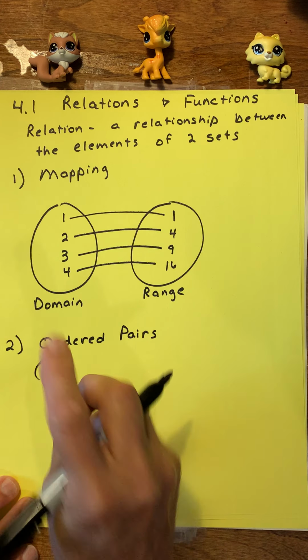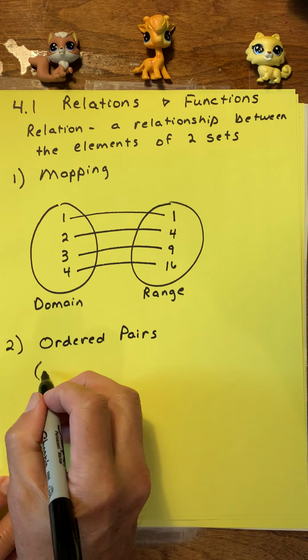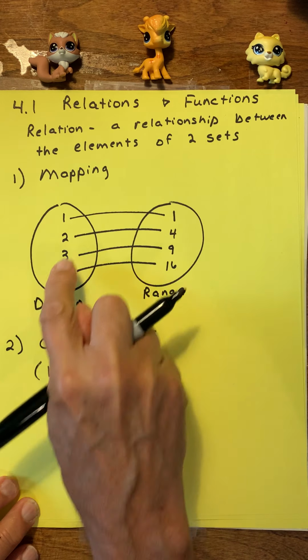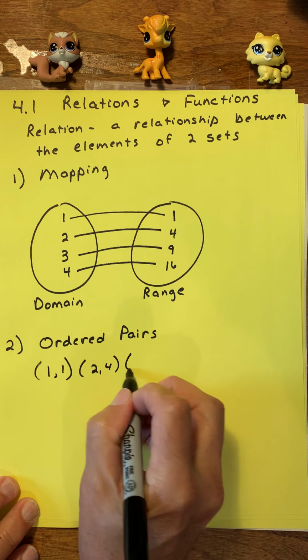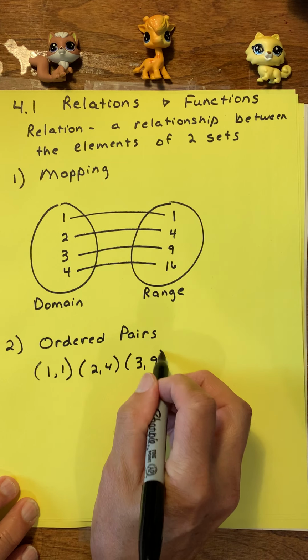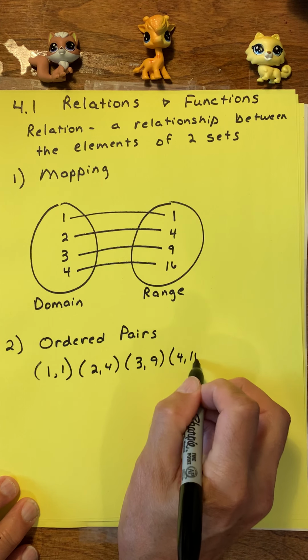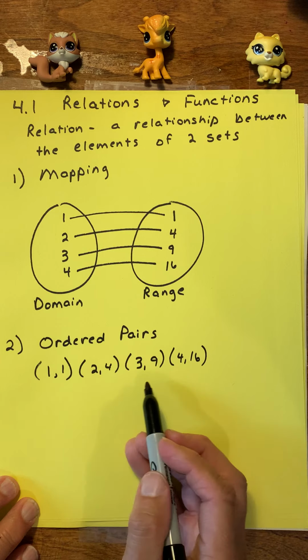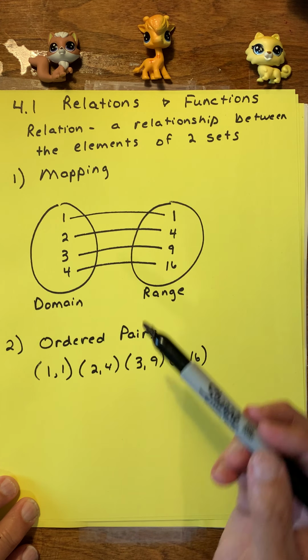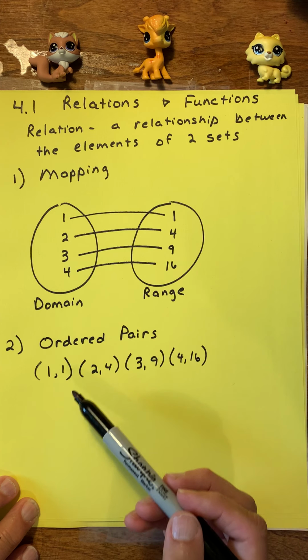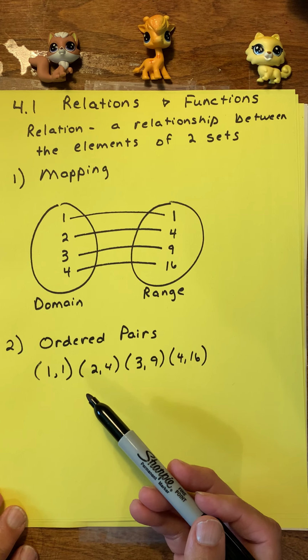Watch this. 1 is related to 1. All right. 2 is related to 4, etc. 3 to 9, 4 to 16. Exactly the same relation, but in a different presentation. The first is with a mapping, the second is with ordered pairs.